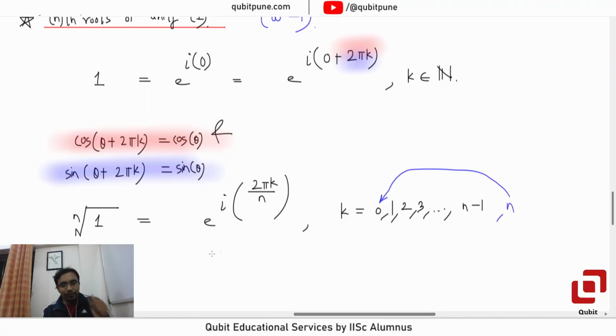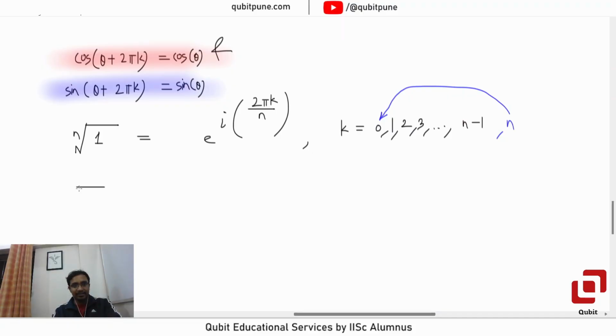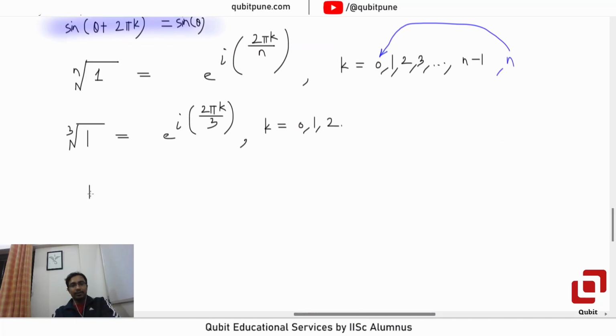Understood? So if I take n as 3, then I'll get e to the power i 2 pi k by 3. k can take values 0, 1 and 2. So what will be the root when k is equal to 0? When k is equal to 0, the root is 1.